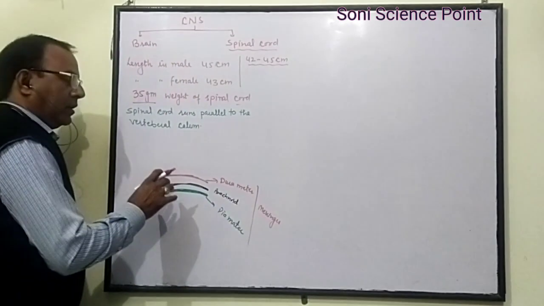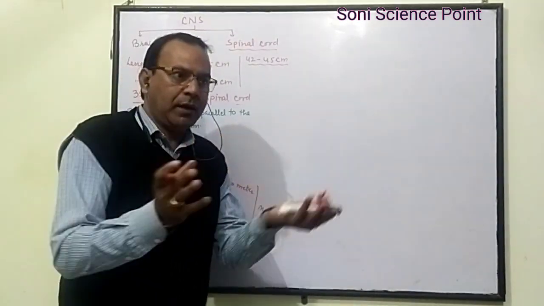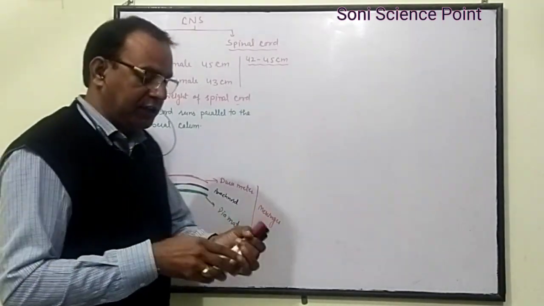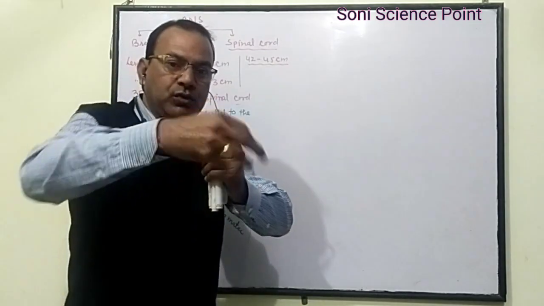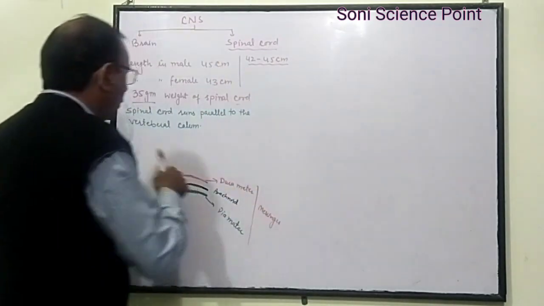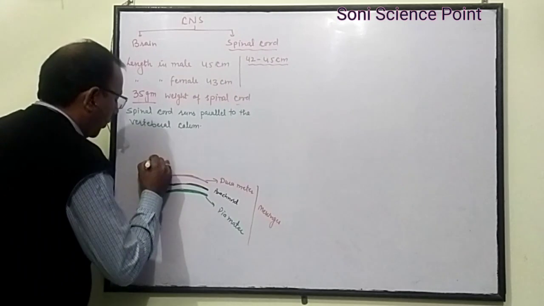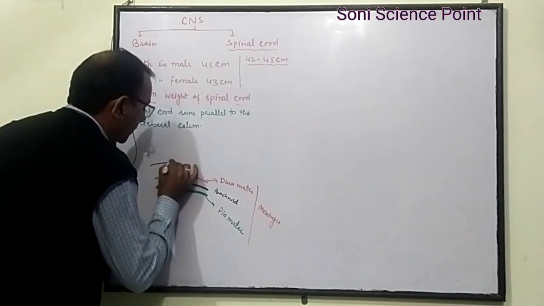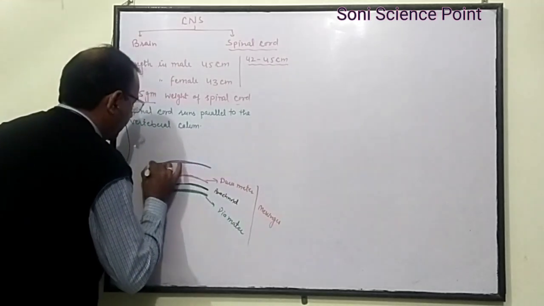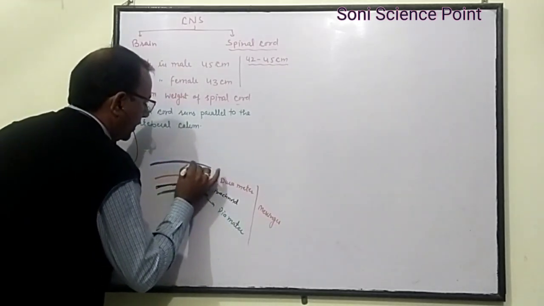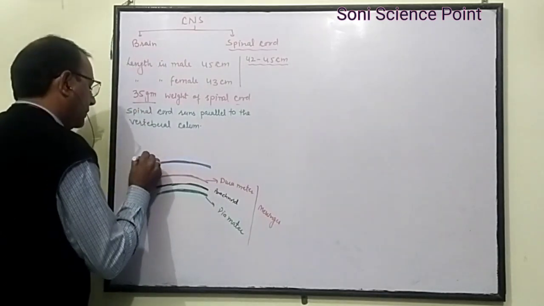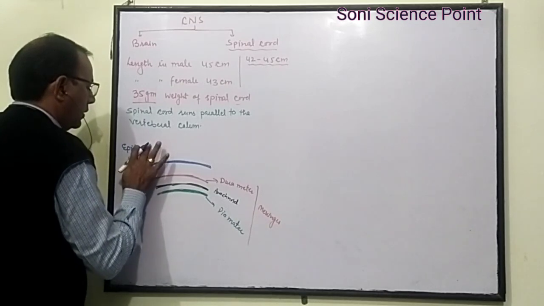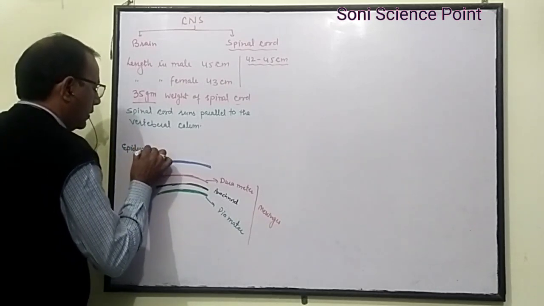In addition, the vertebral bones are present outside and also cover the spinal cord, and this makes another protective layer called the epidural layer.